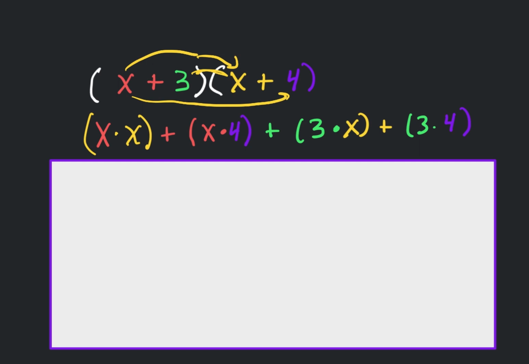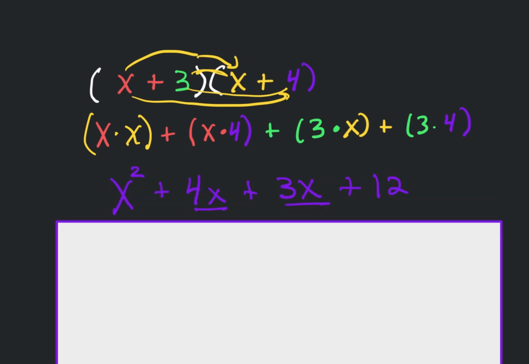And then our last term is 3 times 4. So we've got first x times x, outside x times 4, inside 3 times x, and last 3 times 4. Now we're going to obviously combine those and put those together. So when we multiply it, x times x is x squared.